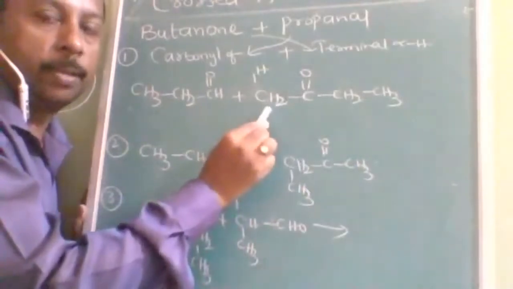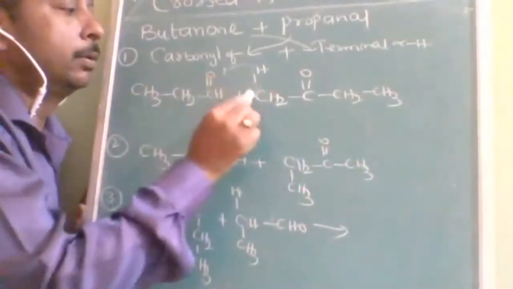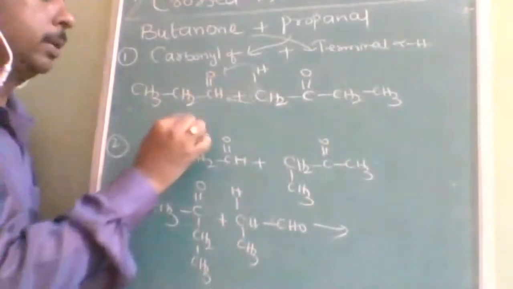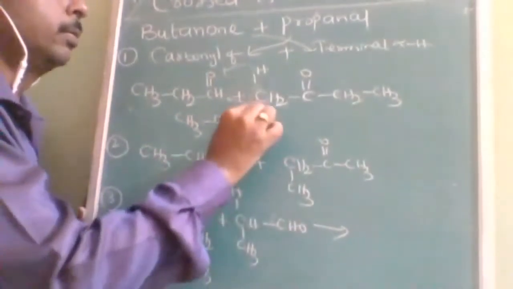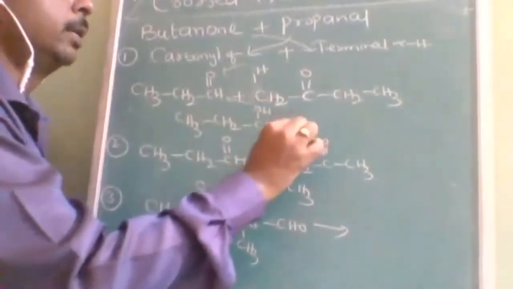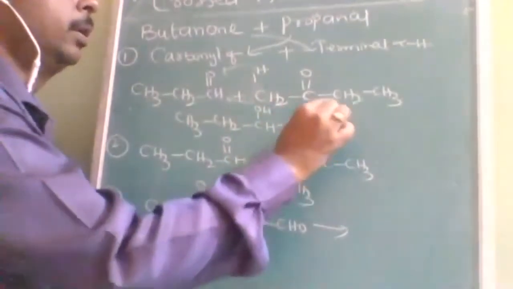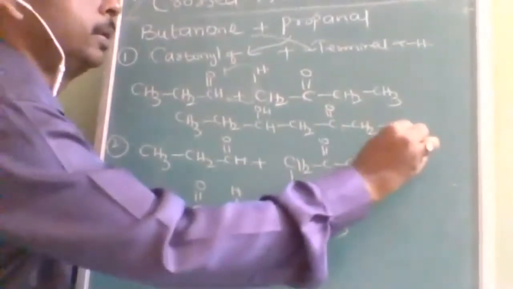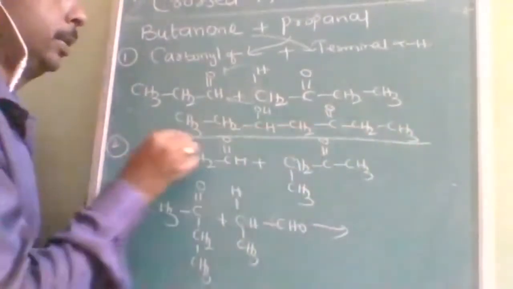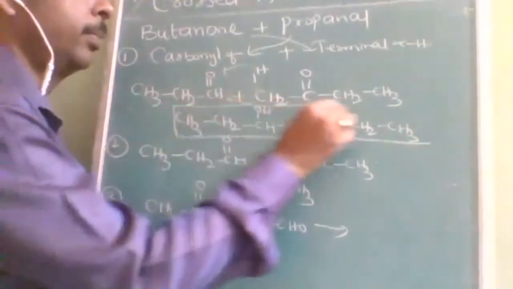First I am using the terminal alpha hydrogen. So the product is going to be like this: CH3, CH2, CHOH, then CH2, C double bond O, then CH2 and CH3. So this is the final product.